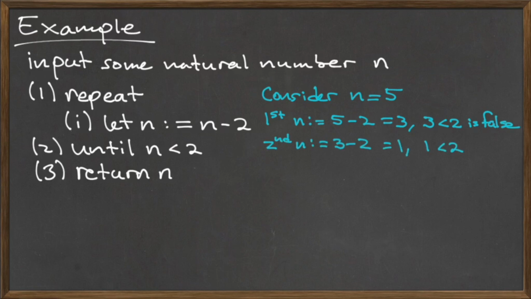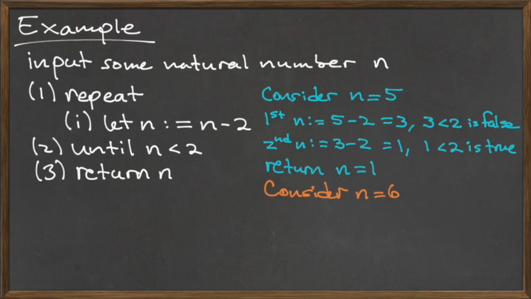The current value of n is 3, so after reassignment, the variable n will have the value 3 minus 2, which is 1. Now that we've reached the stopping condition again, we need to check if 1 is less than 2. 1 is less than 2, so we can proceed to step 3, and we do not need to enter the loop again. Step 3 instructs us to return n, and the current value of n is 1, so for the input n equals 5, the algorithm returns the output positive 1.